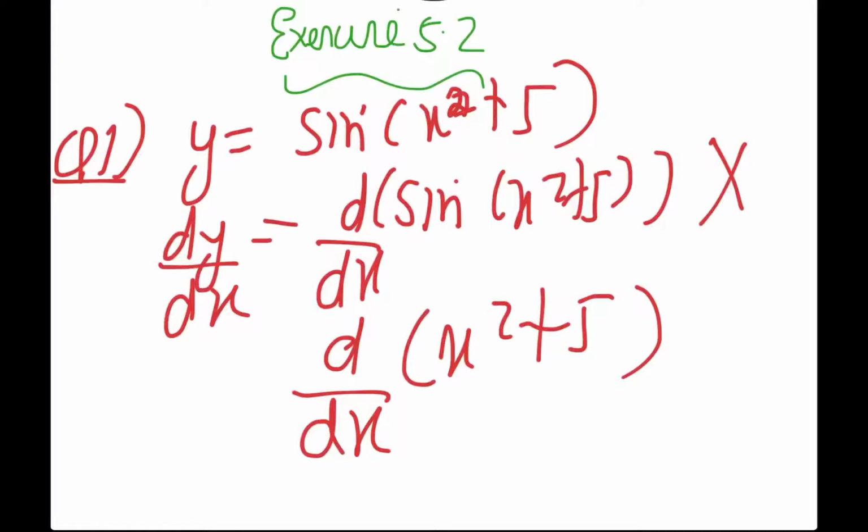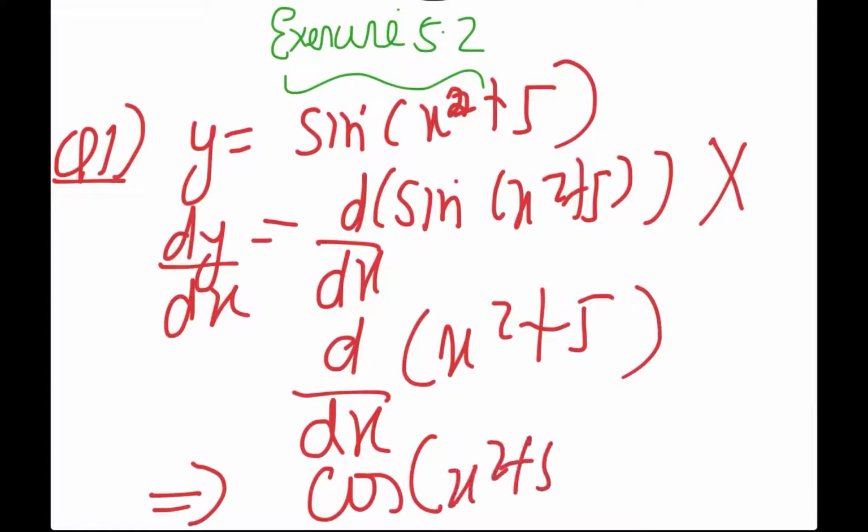Now differential of sine is cos. These are general formulas of class 11, should be remembered. So this becomes cos of (x square plus 5) into differential of (x square plus 5). 5 is a constant, so differential of 5 will give us 0.